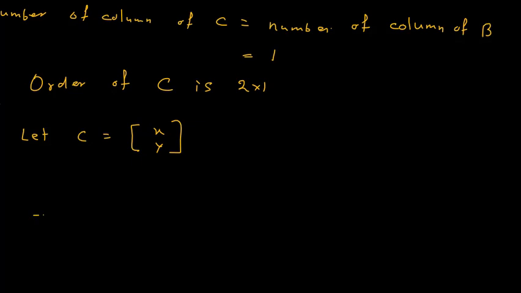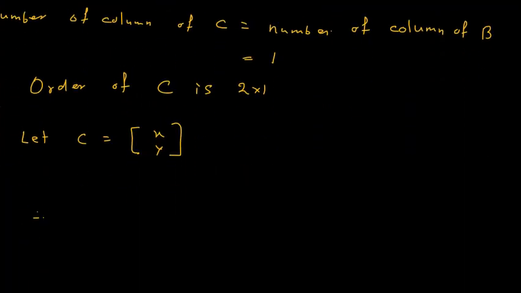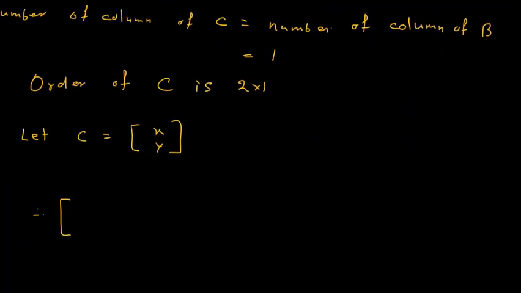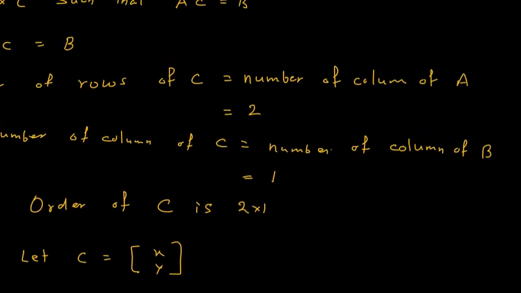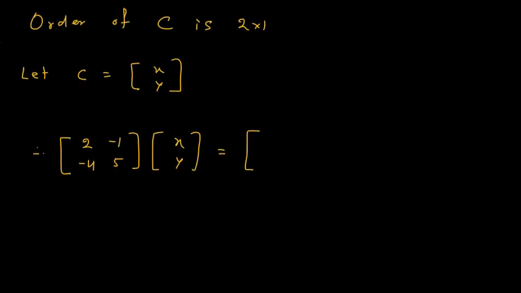Okay, so therefore AC, we have AC is equals to B, therefore A is 2 minus 1 minus 4 5, this A and this is C, xy, AC is equals to B. Now what we have for B? For B we have minus 3 2.